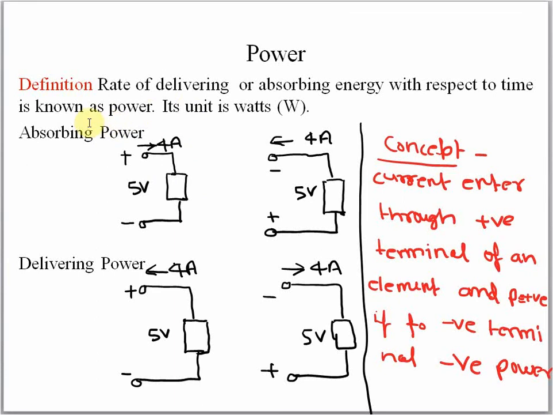The definition of power: the rate of delivering or absorbing energy with respect to time is known as power. Its unit is watt.